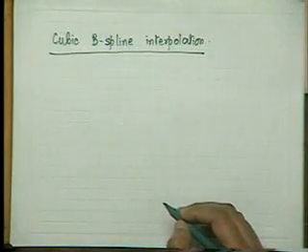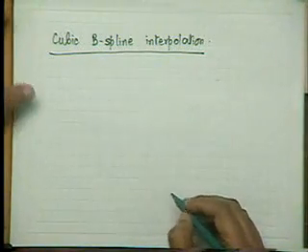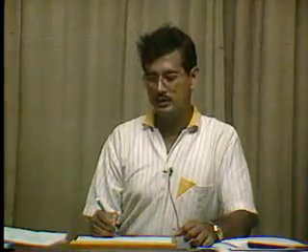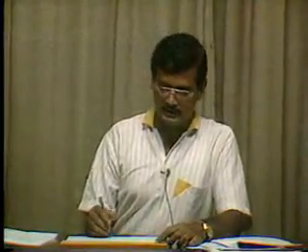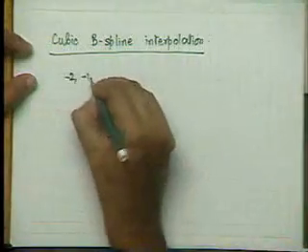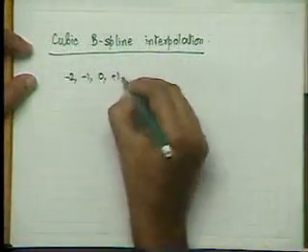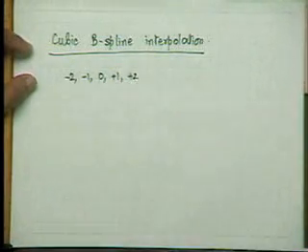For the cubic B-spline interpolation, the relations can be defined like this. What is the coverage of the cubic B-spline interpolation? 5 pixels, from -2 to +2. So it covers -2, -1, 0, +1, +2.